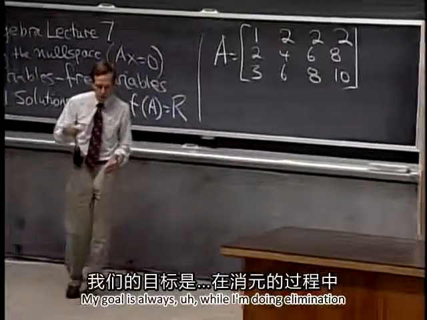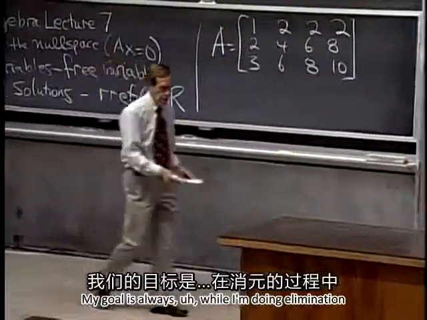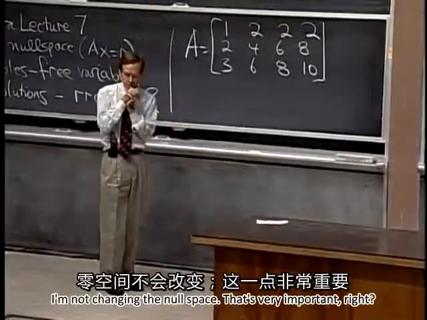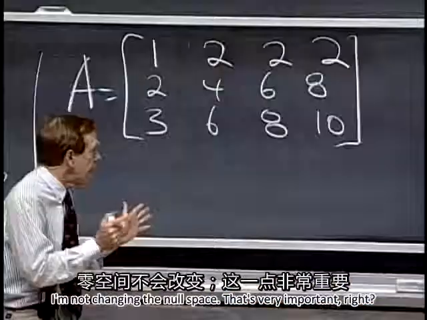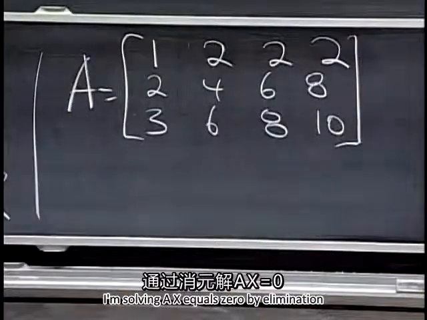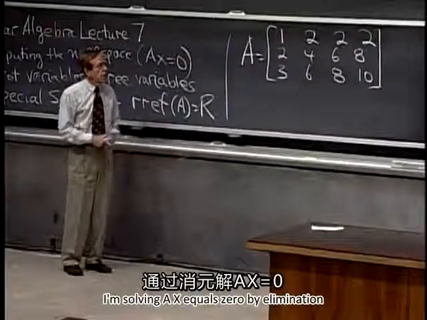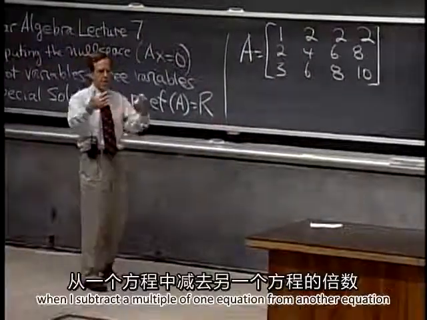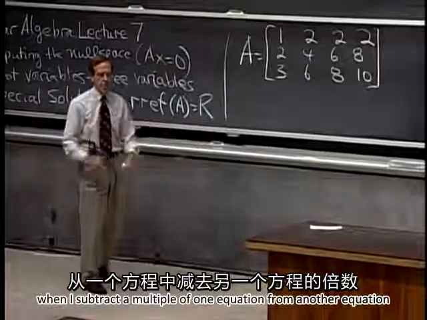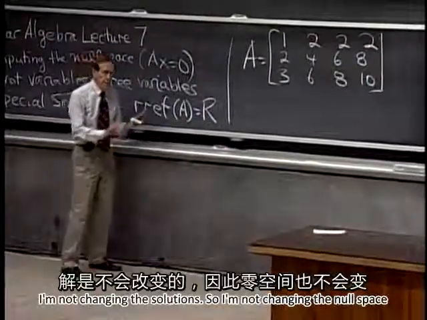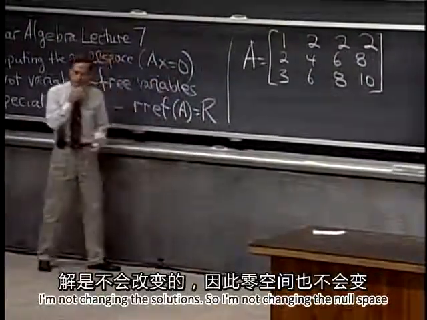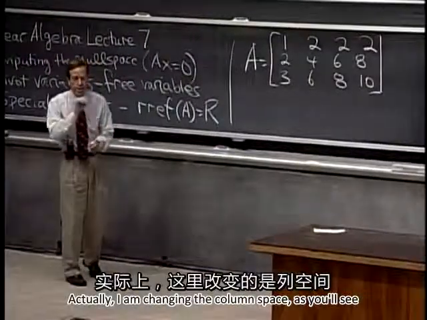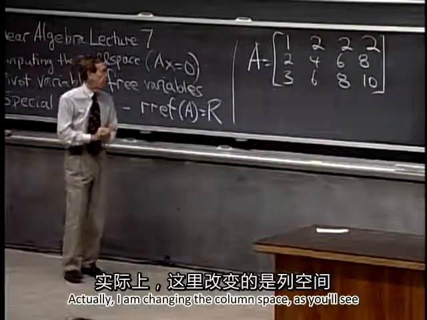My goal is always, while I'm doing elimination, I'm not changing the null space. That's very important, right? I'm solving Ax = 0 by elimination. And when I do these operations that you already know, when I subtract a multiple of one equation from another equation, I'm not changing the solutions. So I'm not changing the null space. Actually, I am changing the column space, as you'll see.